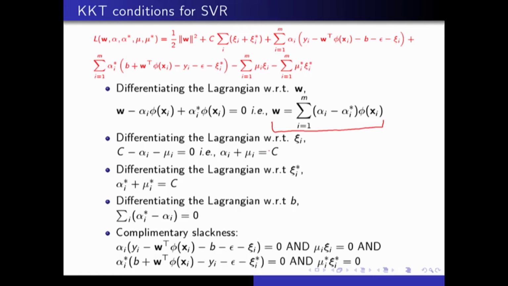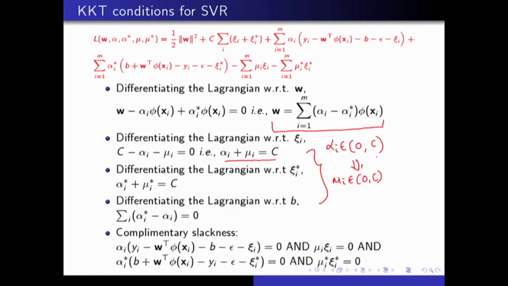We also found some conditions, linear equations involving alpha_i's and mu_i's, alpha_i stars and mu_i stars, which led to an observation that if alpha_i was restricted to the open interval between 0 and C, this would basically imply that mu_i is also in that open interval by virtue of the sum alpha_i plus mu_i equals C.